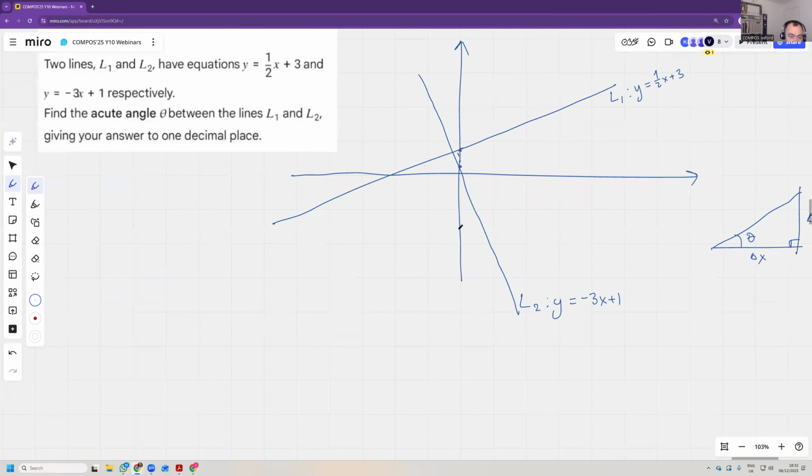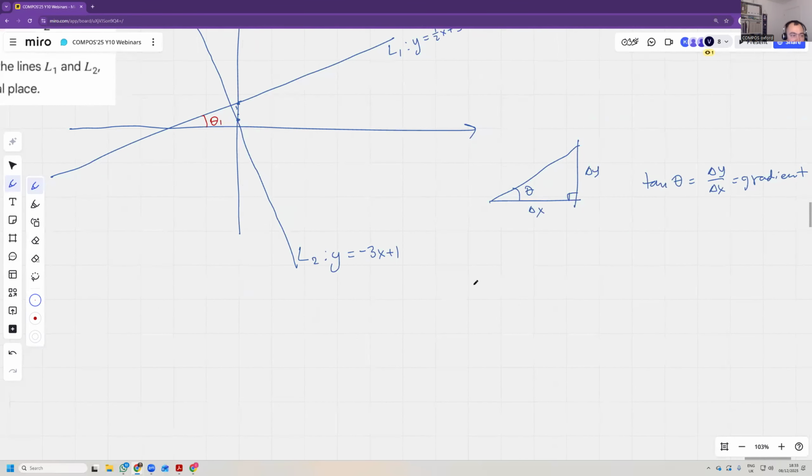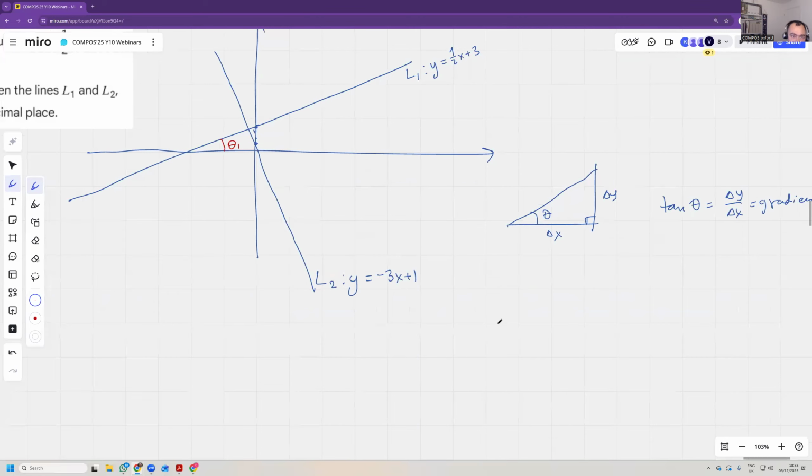So if you draw this angle, let's call it theta 1. We can say that tangent of theta 1 is the gradient of L1, which is 1/2.